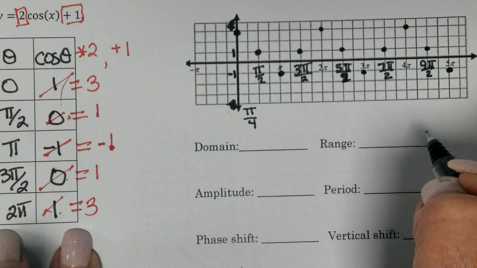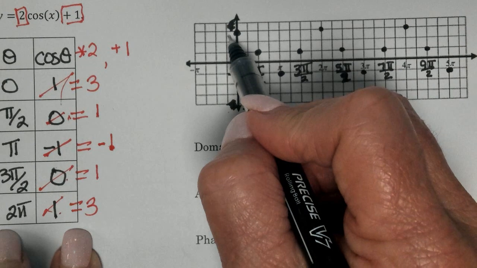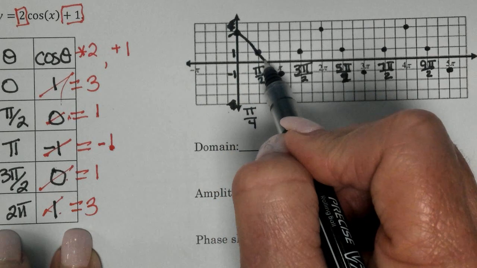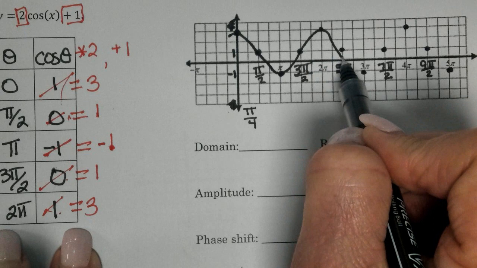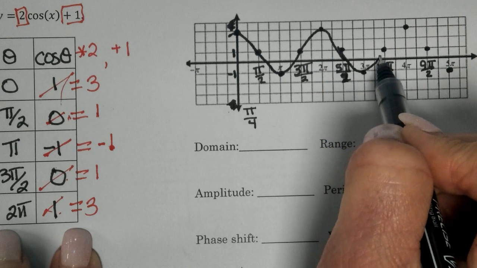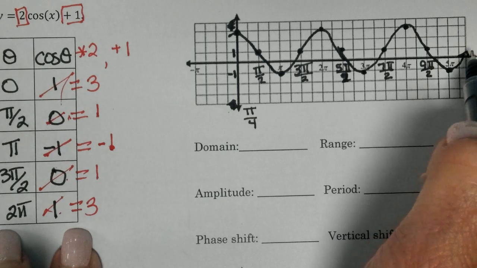So I want you to continue plotting those points and then go through and connect them, making your curve all the way through.